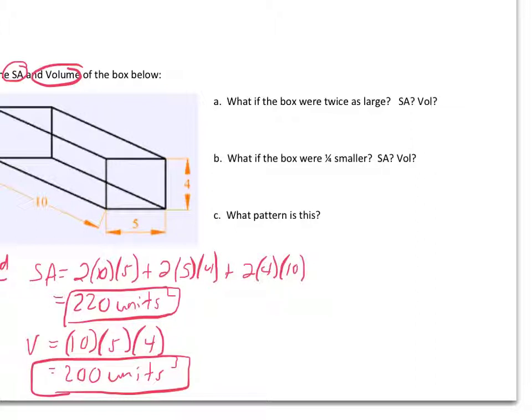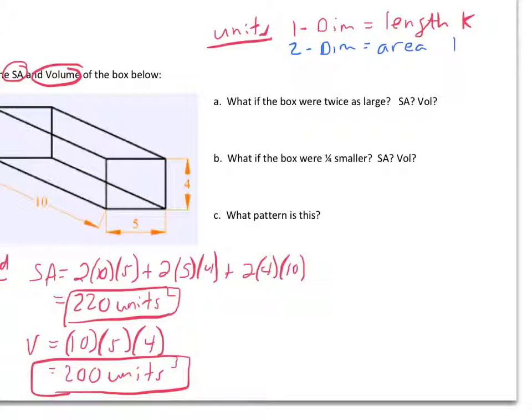So in geometry in the past, we've talked about how things are affected when it comes to length, area, or volume. So the units, let's talk about that briefly. The units for one dimension is length, and we'll call that K. 2 dimensions, in other words area, we will say is K squared.